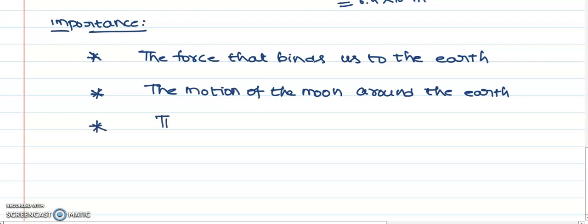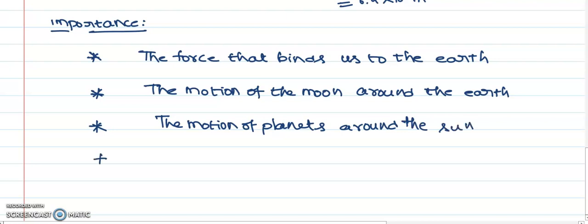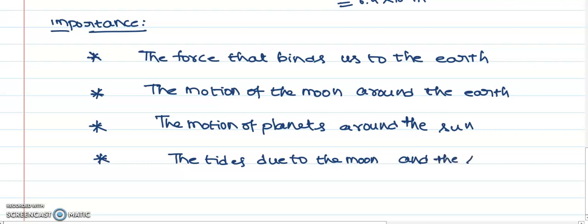Third, the motion of the planets around the sun. Fourth, the tides due to the moon and the sun. These four points are very important for the universal law of gravitation.